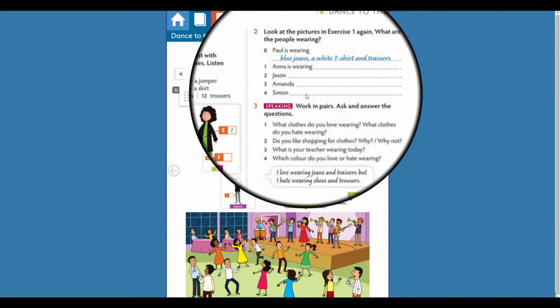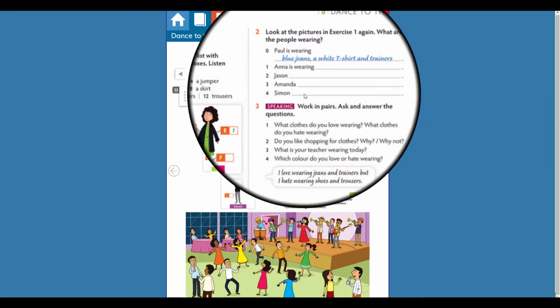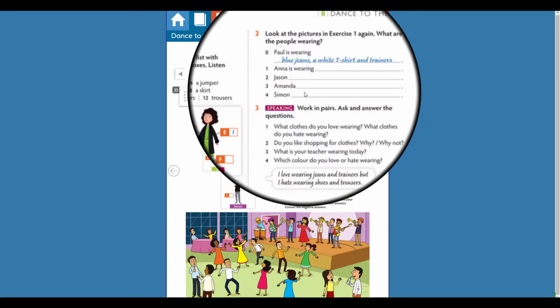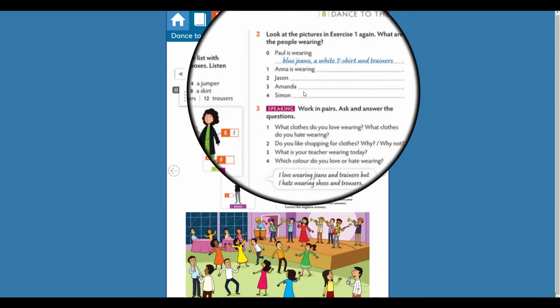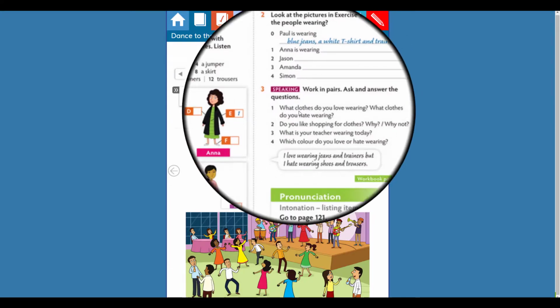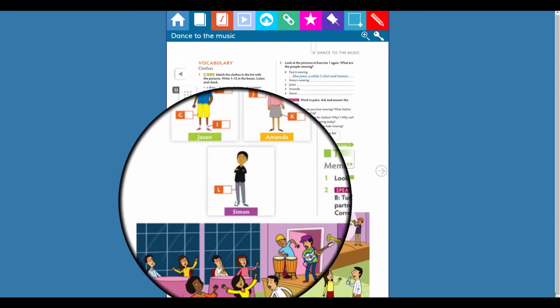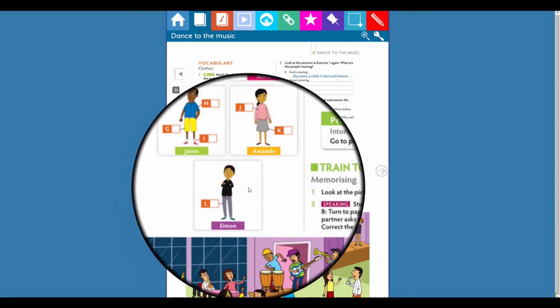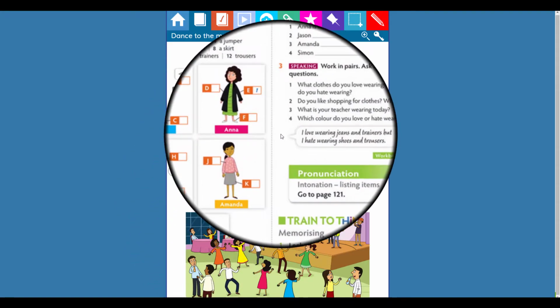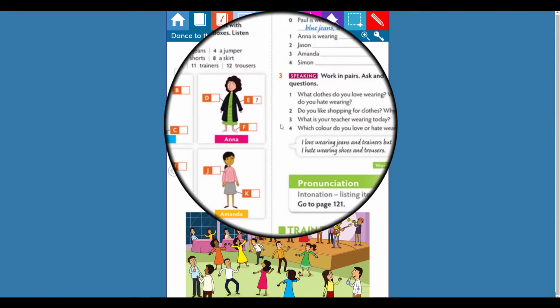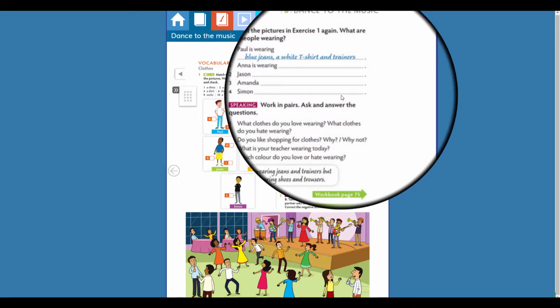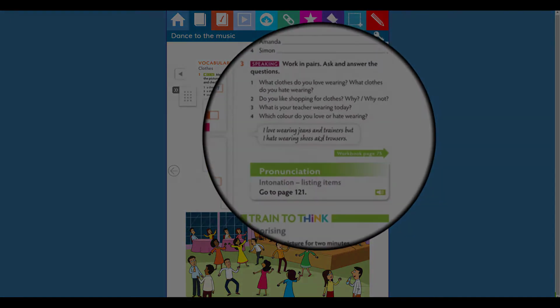Simon is wearing a black shirt, gray trousers or jeans, and green, I think that they are socks. I'm sorry, shoes. Creo que son zapatos. En realidad las prendas de abajo pueden tener alguna variación dependiendo del dibujo, porque puede que parezcan zapatillas o zapatos a veces. Okay? Very good.